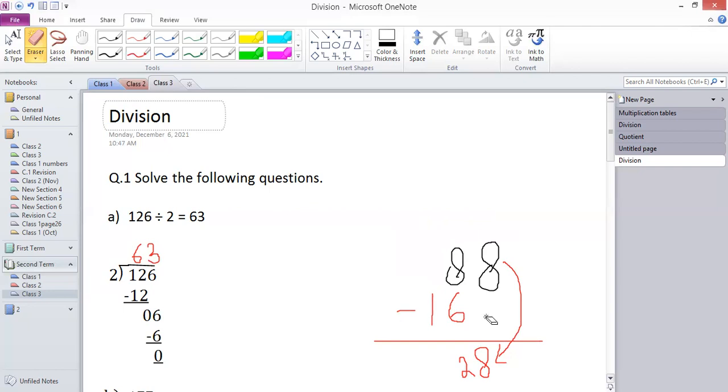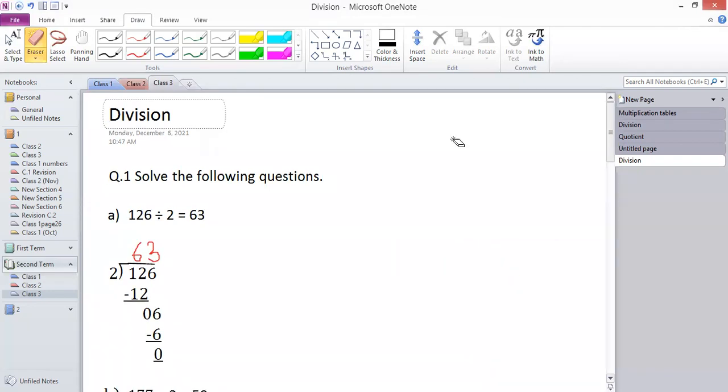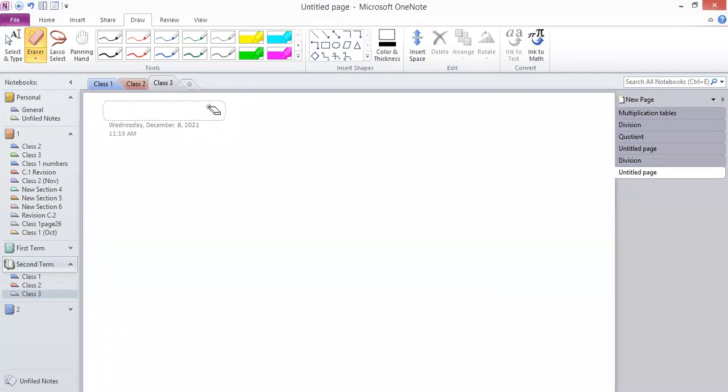The same question I will do for you here. Look. The question was 188 divided by 4. No, leave it. Take a different question. Let's suppose I will take an easy question for you, and that is 42 divided by 2 equals to what?